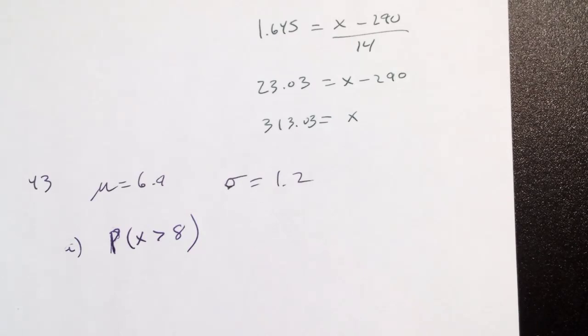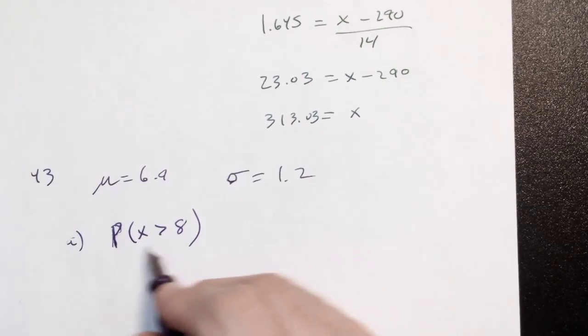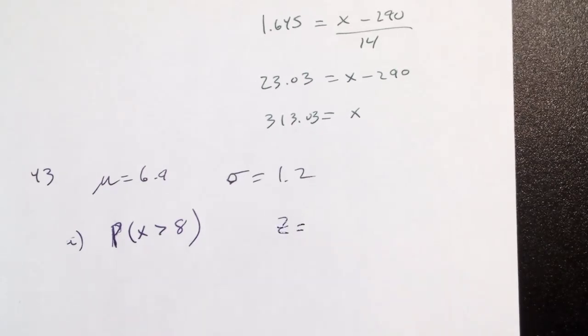Now I'm actually going to do this with the z-score. I'm going to do this with the standard normal. So if X is 8, what's the z-score that goes with 8?